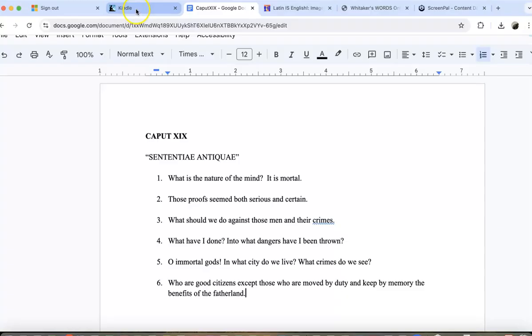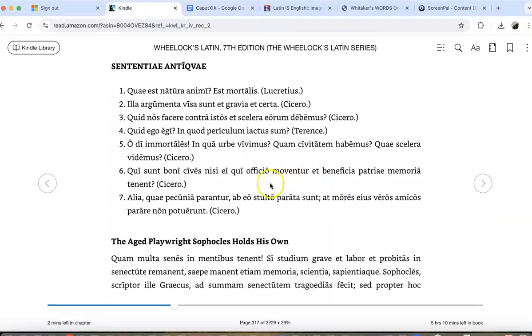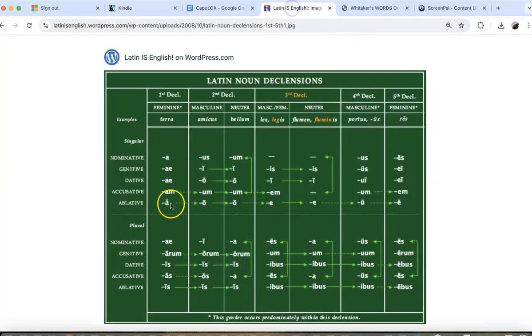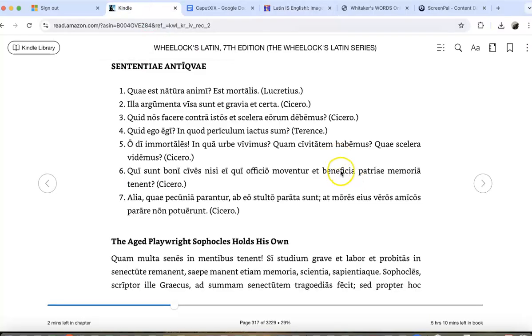So let me try to explain that last part a little bit. So, and keep, tenent, that's simply third person plural. And then by memory, because we need to be able to recognize this as first declension ablative singular because we have our macron. So there it is, memoriae. But then beneficia is a neuter noun.